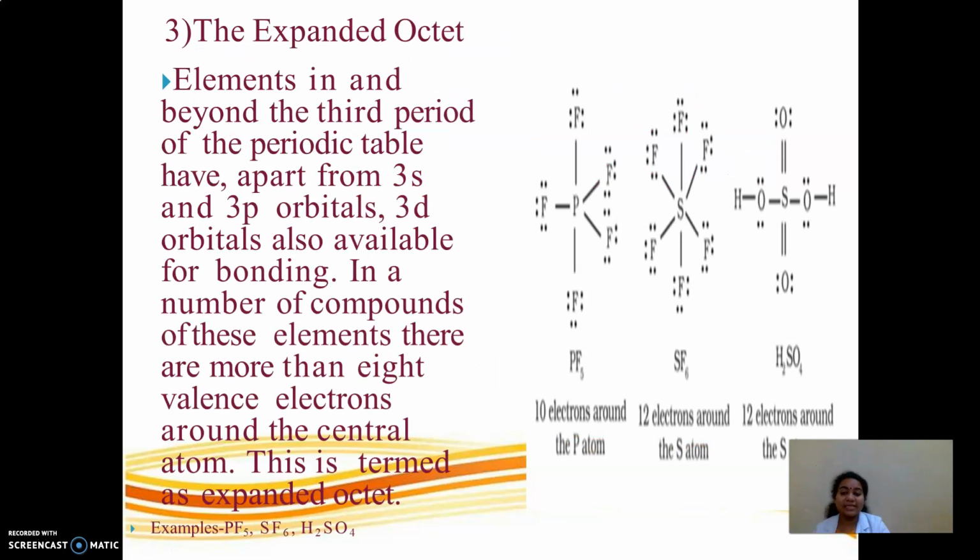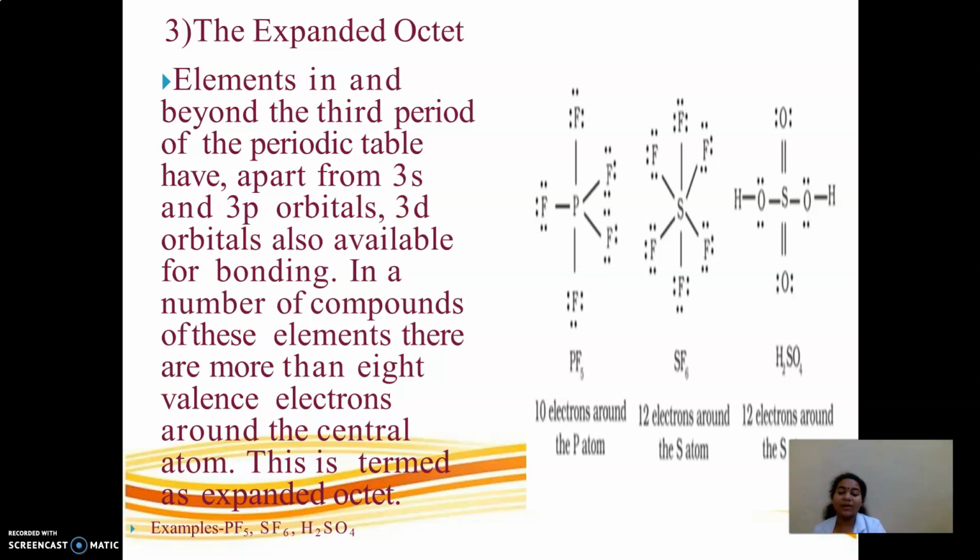And the third case is the expanded octet. Expanded octet means more than 8 electrons. If we check the third period elements after silicon, the non-metals are not following the octet. They have the ability to expand their octet, that is, hold more than 8 electrons. The reason is that in the periodic table, after silicon, apart from the 3s and 3p orbitals, a 3d orbital is also available.